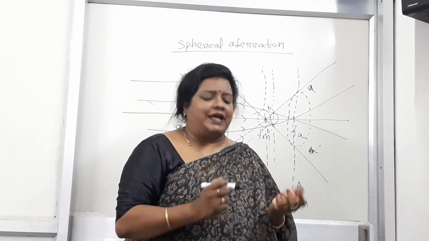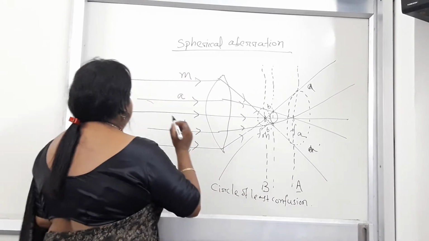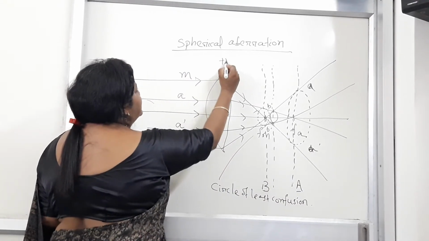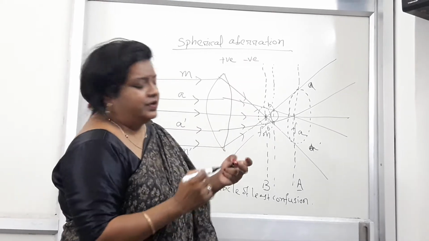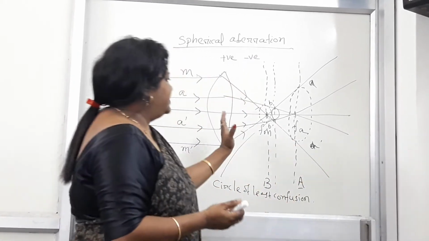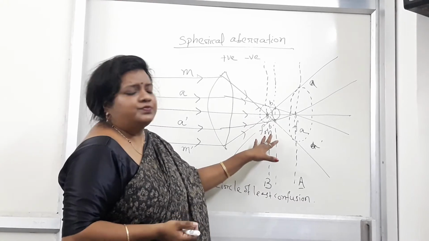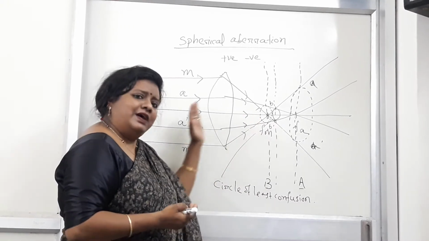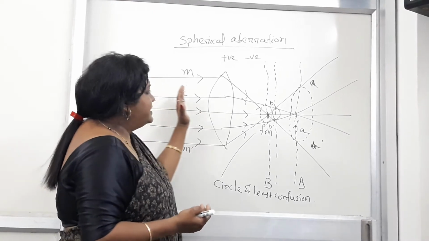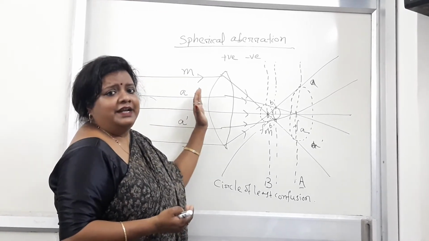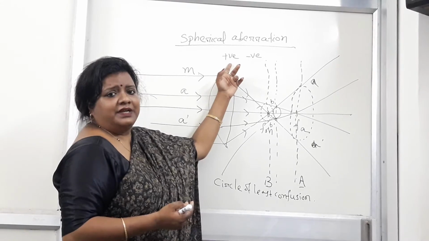There are two types of spherical aberration present. One is positive spherical aberration, another is negative spherical aberration. In positive spherical aberration, the focus point of the marginal ray is placed on the side of the paraxial set of rays, on the side of the incident ray, and it is called positive type spherical aberration.